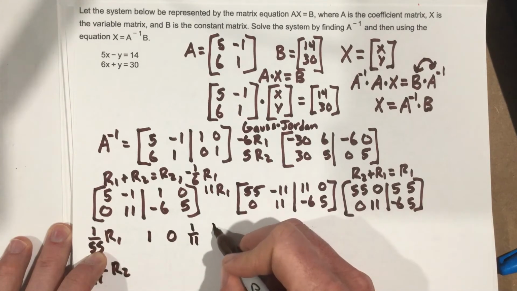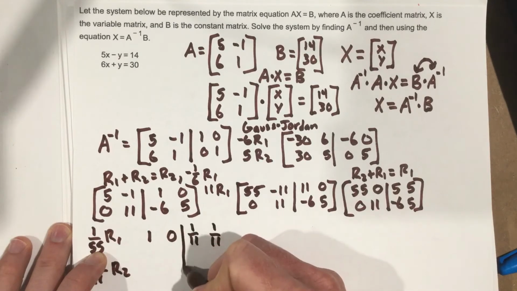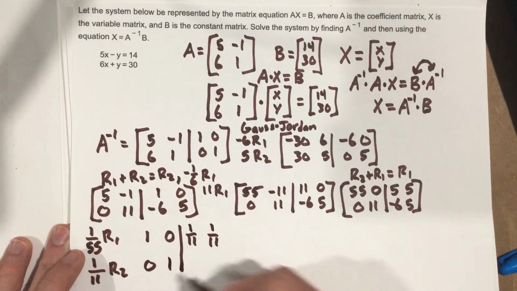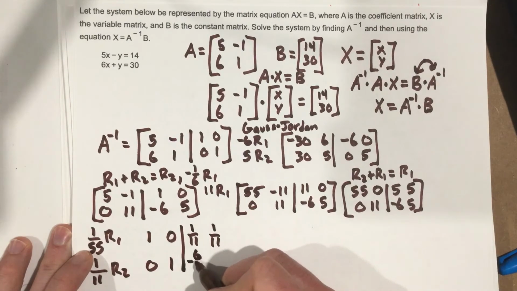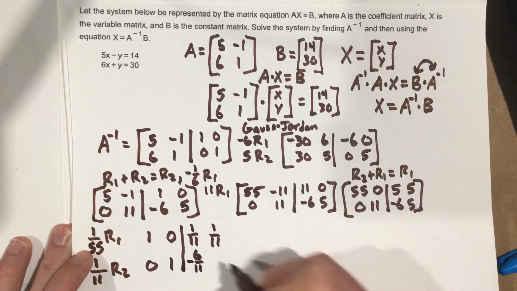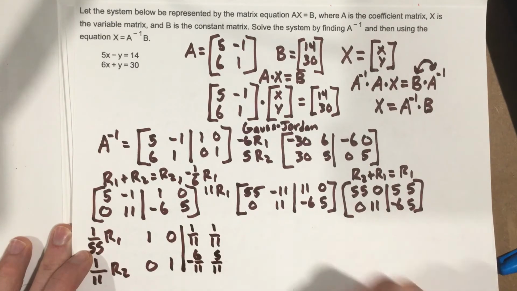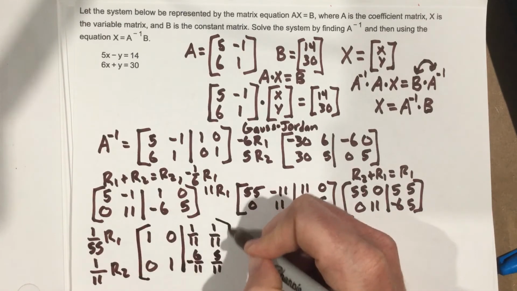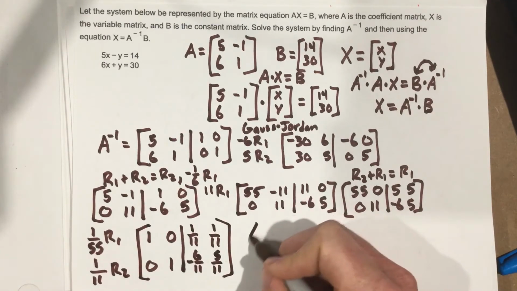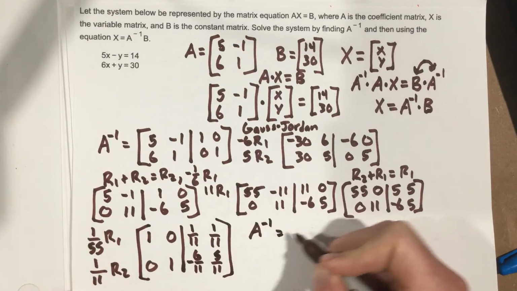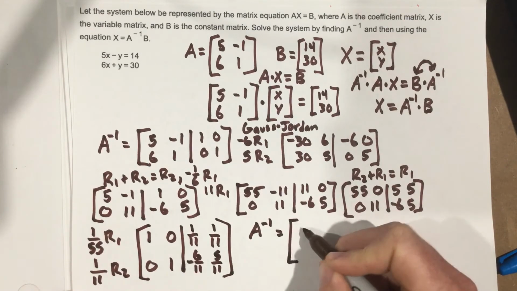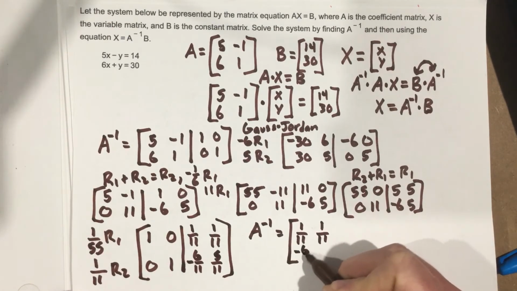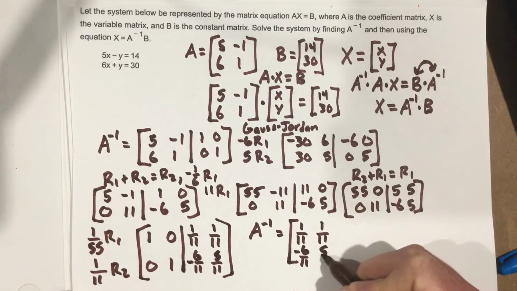And on the bottom, we'll get 0, 1, negative 6 over 11, and 5 over 11. Okay, so we know what A inverse is now. So A inverse is 1 over 11, 1 over 11, negative 6 over 11, and 5 over 11.